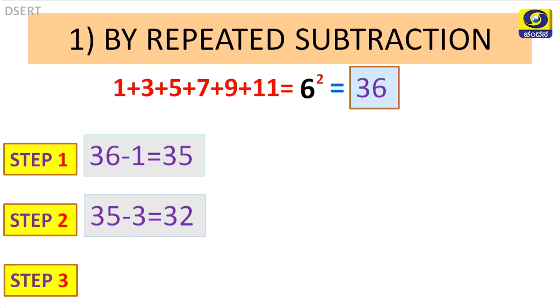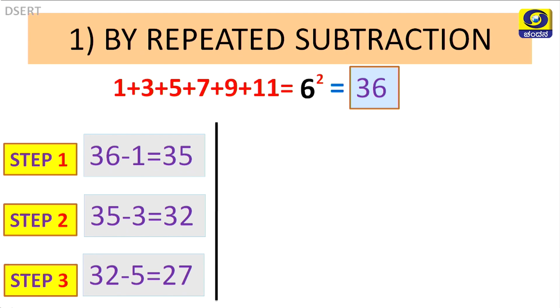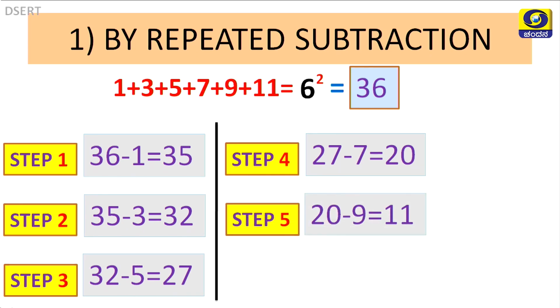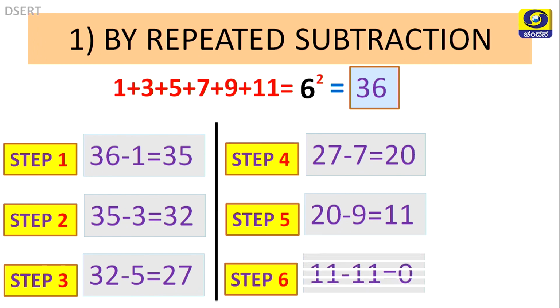Then from 32, the third odd natural number 5 is subtracted to get 27, and in step 4, we subtract 7 from 27, which is the next odd number after 5, to get 20. From this 20, the next odd number 9 is subtracted to get 11, and in step 6, we subtract 11 from 11 to get 0.